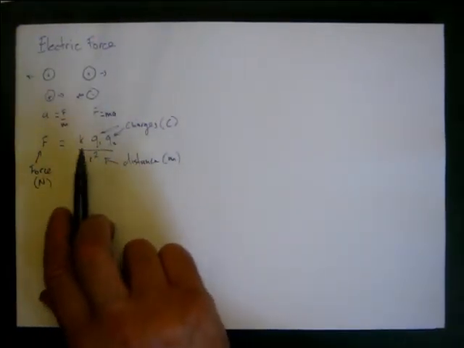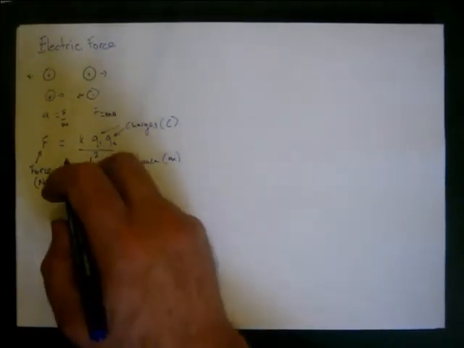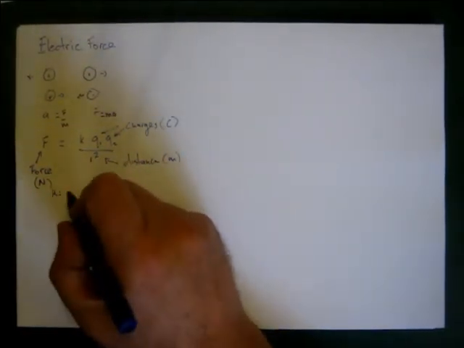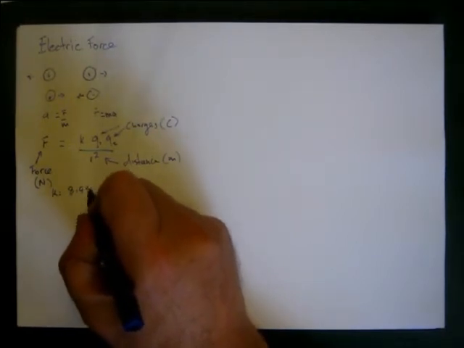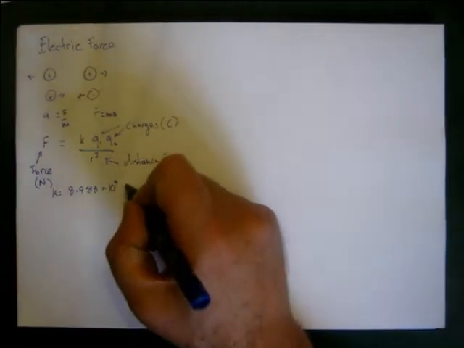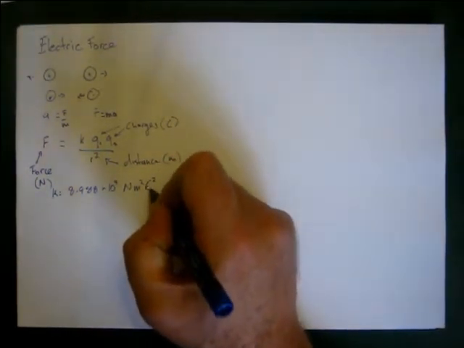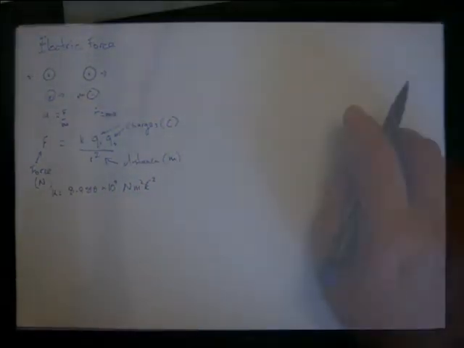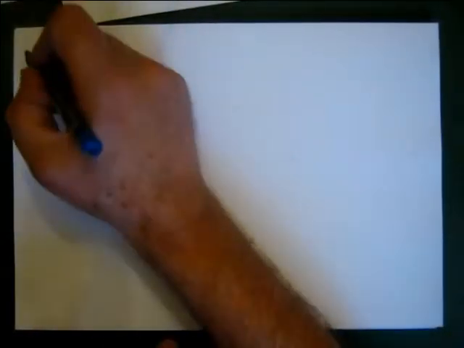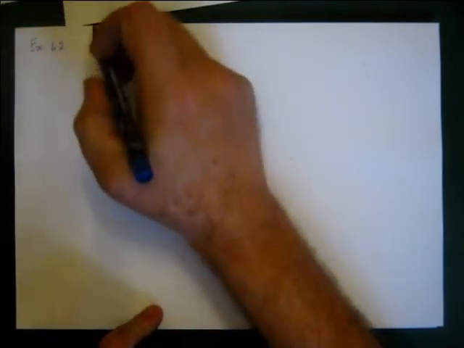So how big is this force? Well, that force depends on those, and on K. K has been measured. K is the Coulomb constant. K in this case is equal to 8.988 times 10 to the 9 newton meters squared per coulomb squared. So let's actually do an example. Let's do example 4.2 from the notes.